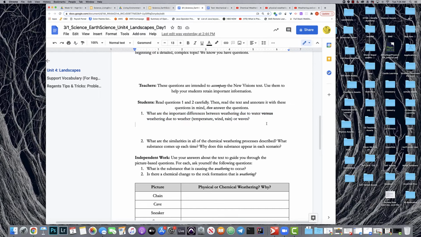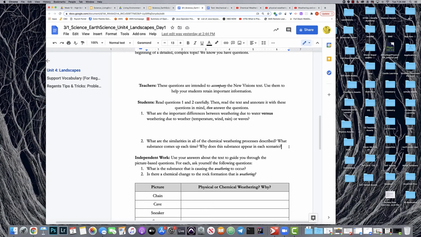We know that water is very specifically tackled in the New Visions text, whereas there are greater similarities between weathering by temperature, weathering by wind, weathering by rain, or weathering by waves. Those are all other ones that just kind of slowly chip away at a structure. The water is specifically different because of the freezing, thawing action in cracks and rocks.